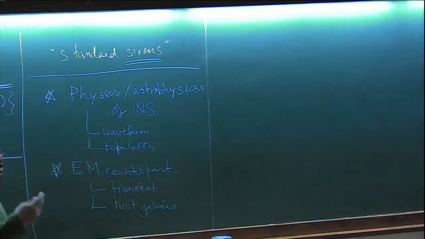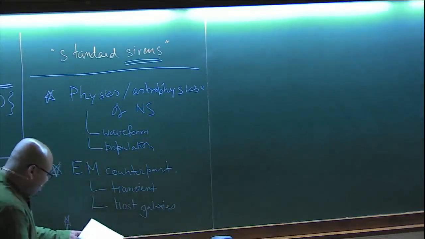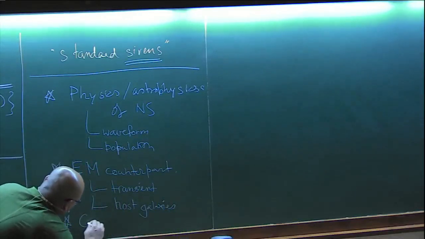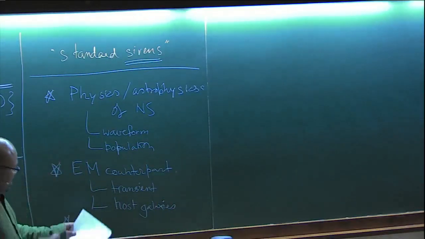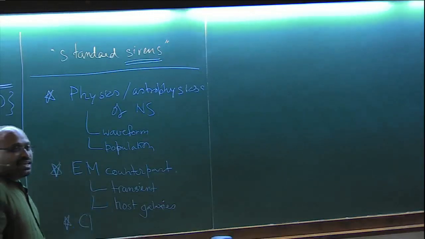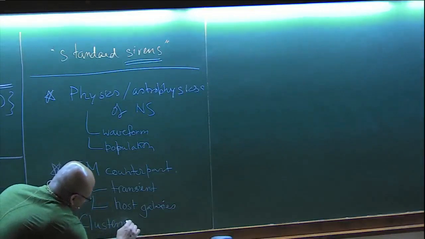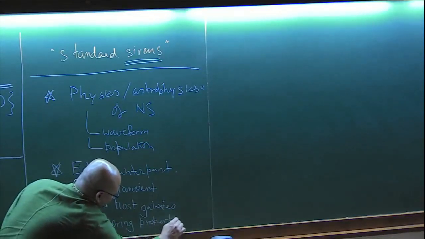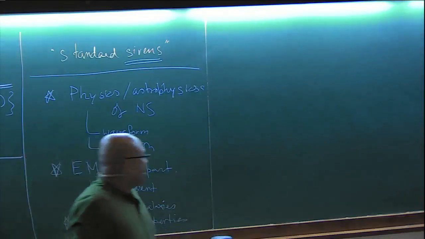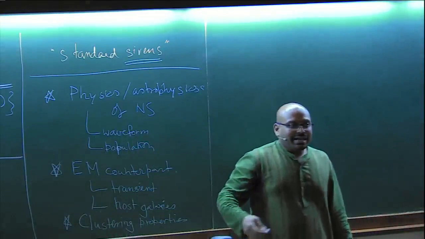And there are also methods that exploit clustering properties of galaxies with distributions that we see of binary mergers. Now the question is, which of these can we use in the near future?